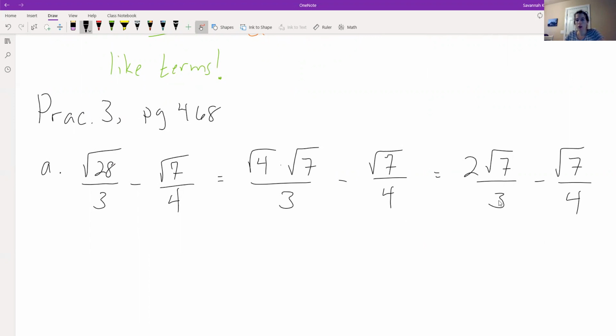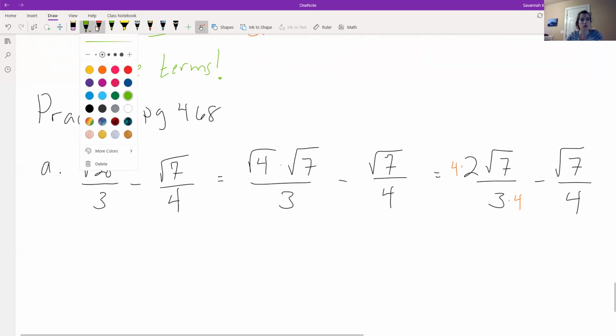Now I have to start worrying about the fact that one of my fractions has a 3 underneath and the other has a 4. That means they get a common denominator if they both had a 12. So let me see what's missing. I need a 4 here, and I'm going to multiply that 4 to the 2 in that first fraction.